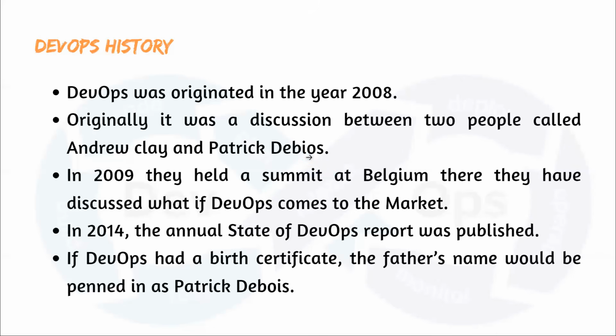In the year 2009, they held a summit in Belgium. There, they said that currently we are using Waterfall, Agile and Scrum, and these are not good models because they have a lot of disadvantages. If we implement a model called DevOps, we will have a lot of advantages. After hearing these words, people started believing that if DevOps comes into the market, there will be a lot of advantages for us.